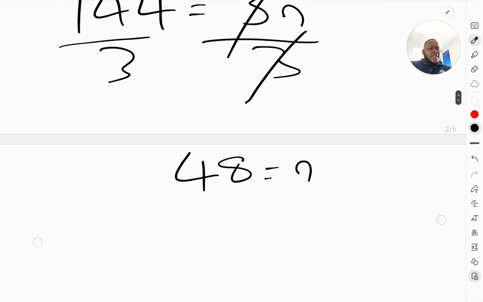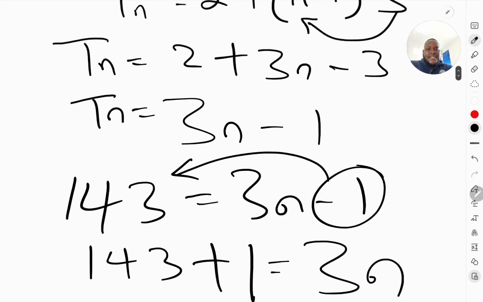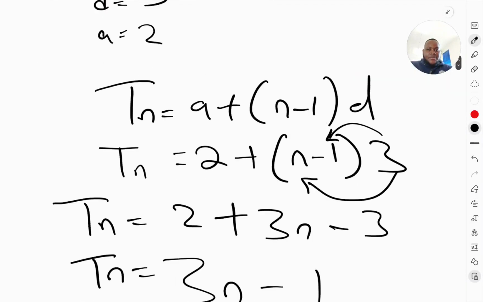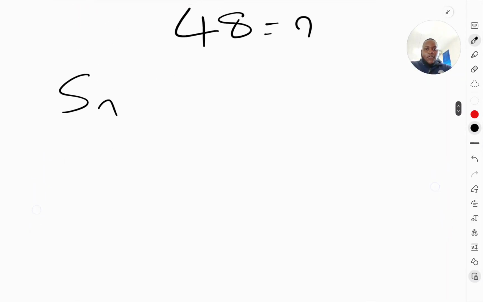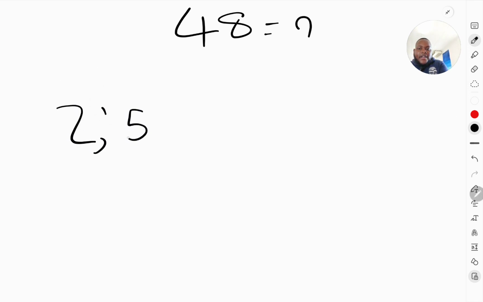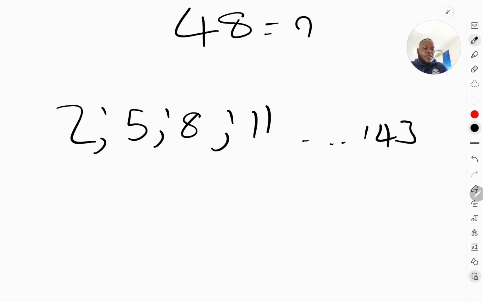Now we have what is called Sn, the sum of my terms. Given this particular arithmetic sequence, let me write it down again. I have 2, 5, 8, 11, up until 143.